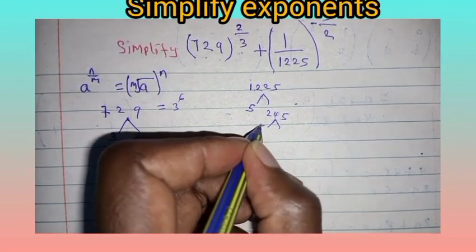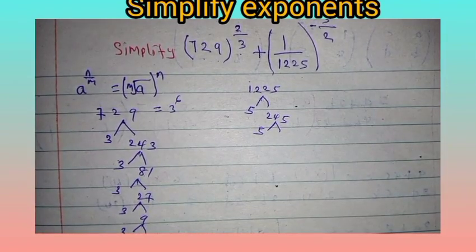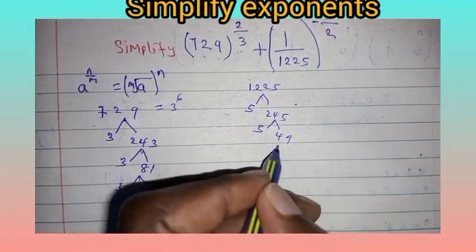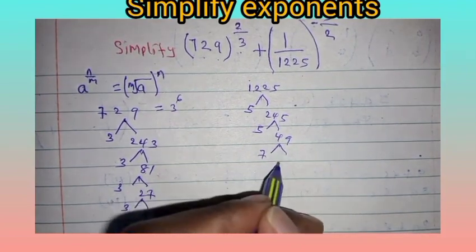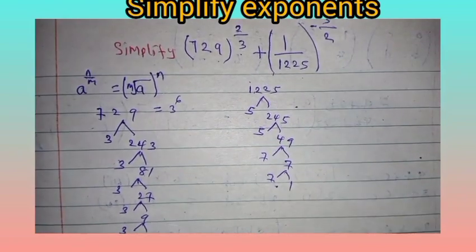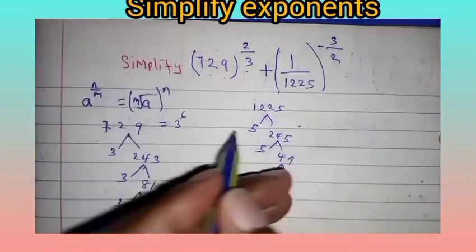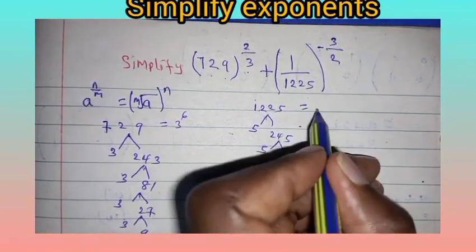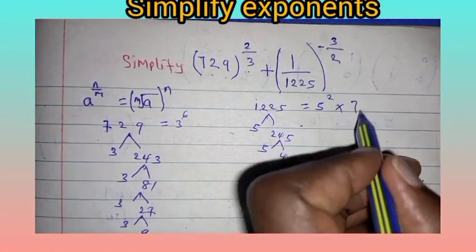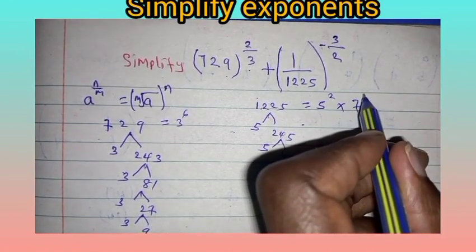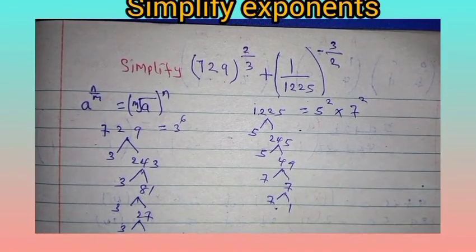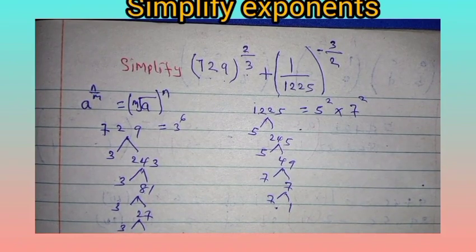Then 245 is also divisible by 5. 245 divided by 5 will give you 49. 49 is divisible by 7. 49 by 7 is 7, and 7 by 7 is 1. So meaning that 1225, you can write it as 5 squared times 7 squared.